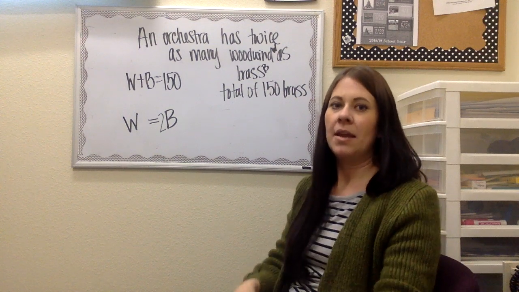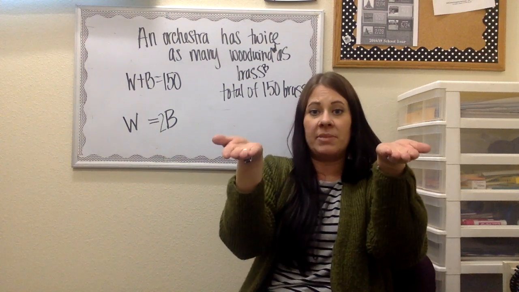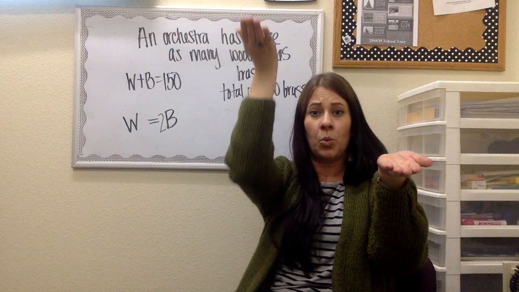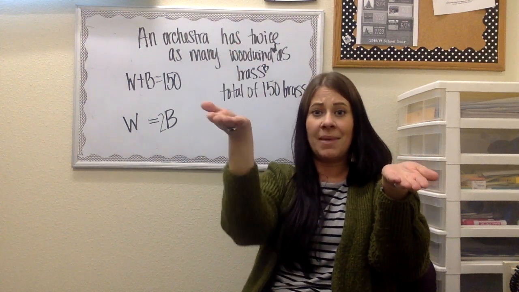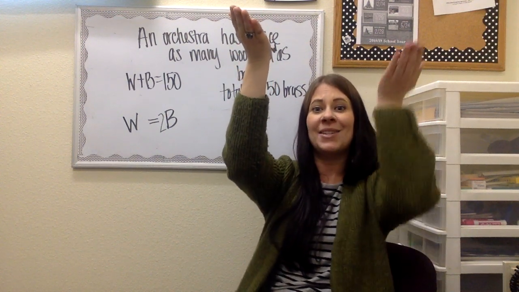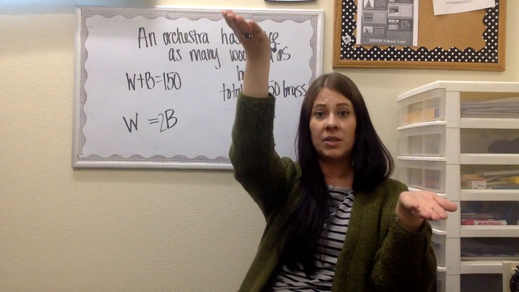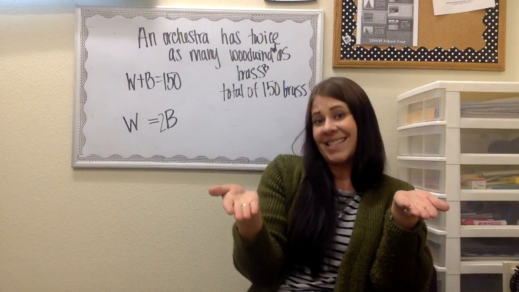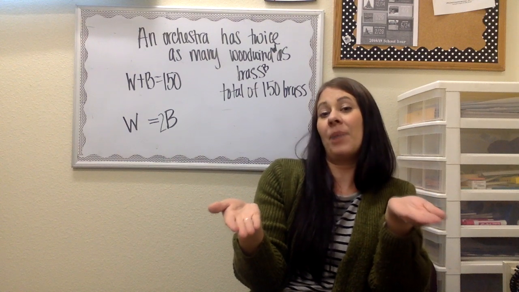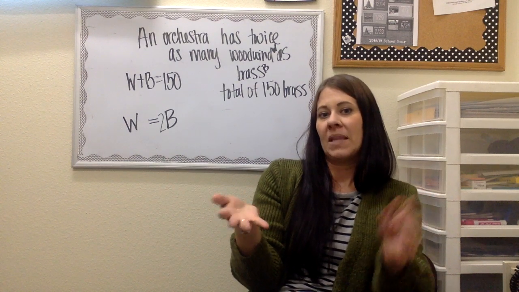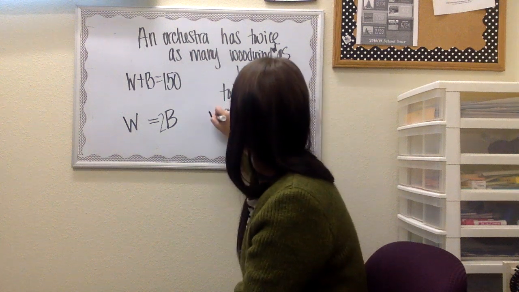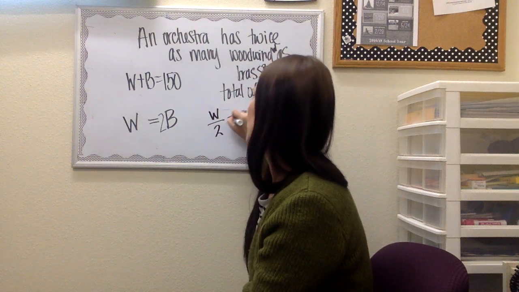Okay, I'm going to say that again. I have woodwinds and brass. I want them to be equal, but right now there's more woodwinds. So what I do to make them equal is multiply by 2 on the brass side. Another way to do it is there's more woodwinds, so you could divide by 2 on the woodwind side to get it back down to what the brass is. So another one you could do is W divided by 2 will give you B.